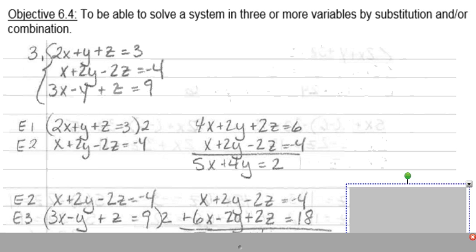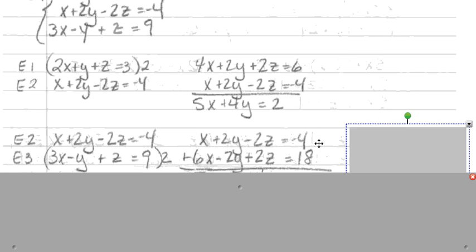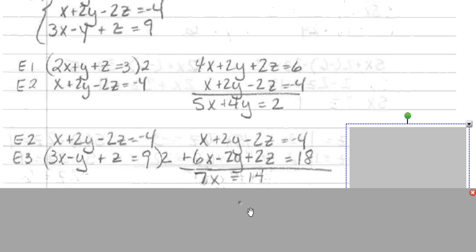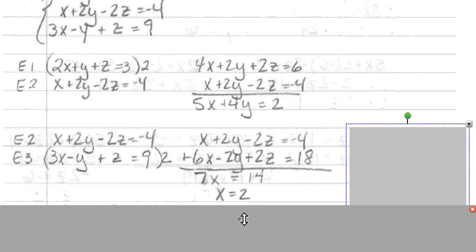So again, after you multiply, you add. So we'd have 7x, no y's, and no z's equals 14. Well, here we just have a variable to solve for. So we could divide by 7, so x equals 2. This has worked out nicely.